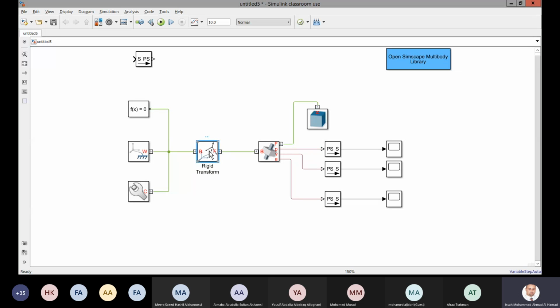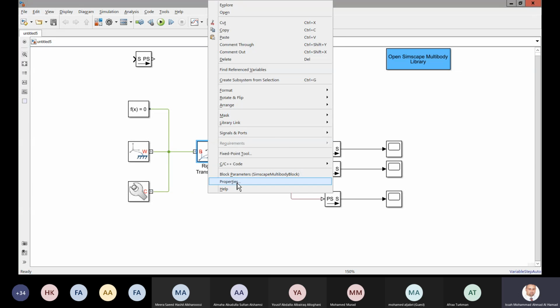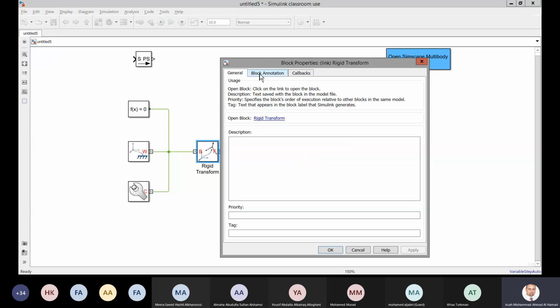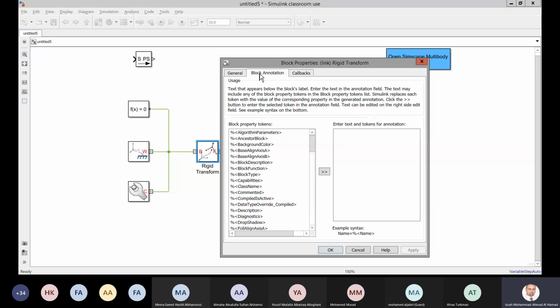Let me go to the rigid transform block and right click and go to properties. We can go to something called annotation block. Now we need to represent for the viewer or the user that we are rotating the block 90 degrees about the y-axis.